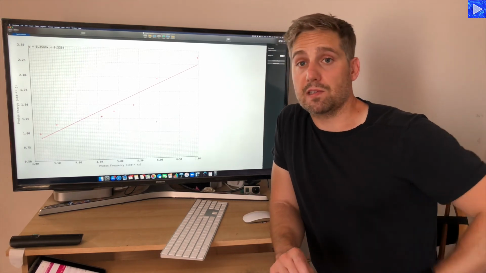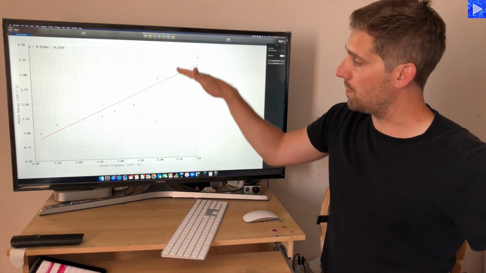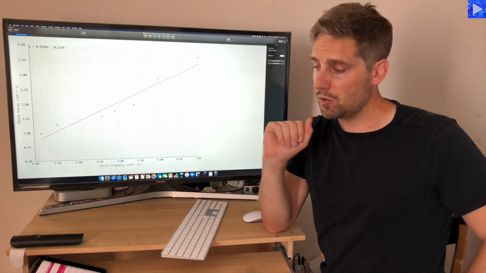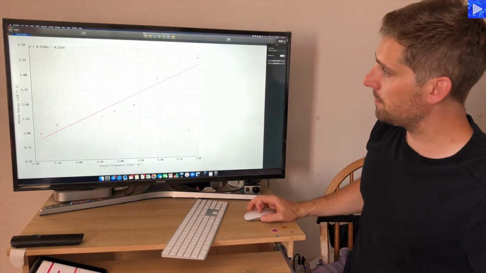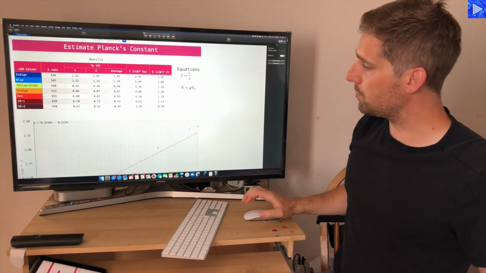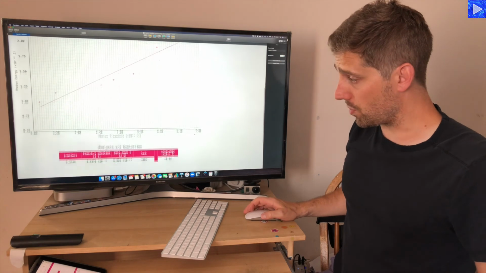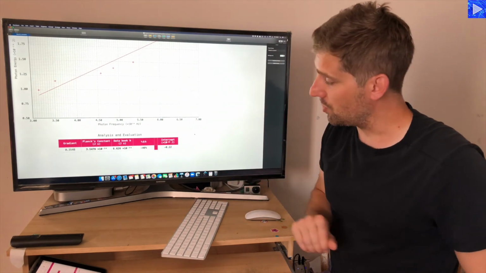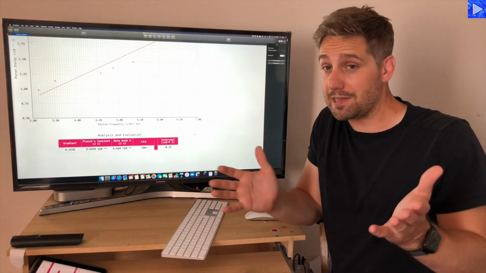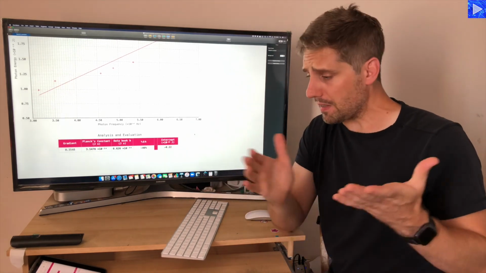So those are some things that could have happened and affected the results, so that some of these data points were not very good. As we've seen, we've put our threshold voltages into the table, we've got a graph plotted, and we've got quite a disastrous result for our estimate of Planck's constant. But hey, sometimes data is messy and sometimes it doesn't go the way that you want.